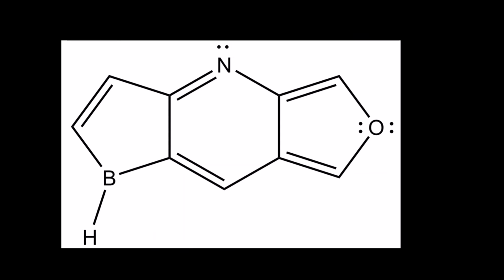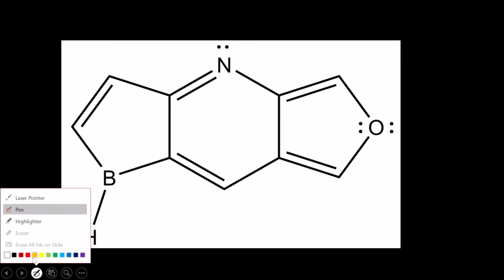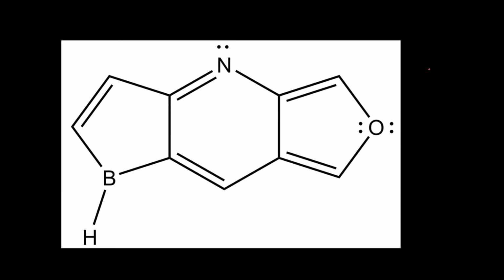Now let us see the molecule that is given to us. Let us first see whether it is cyclic. Yes, it is cyclic; there is no open chain structure. Is it planar? This oxygen is sp2 hybridized, with one lone pair plus 2 sigma bonds, so the steric number is 3. All the carbons forming pi bonds are sp2 hybridized.